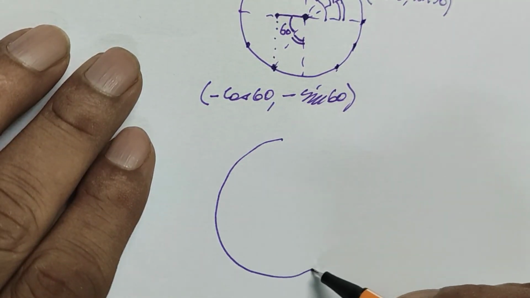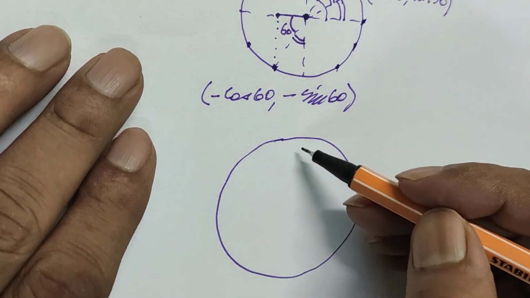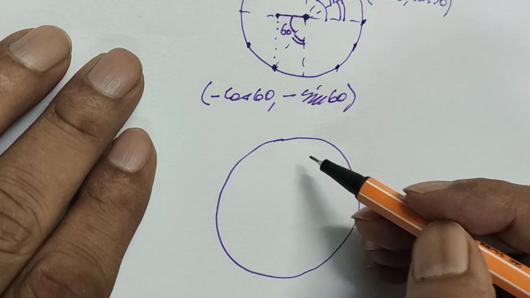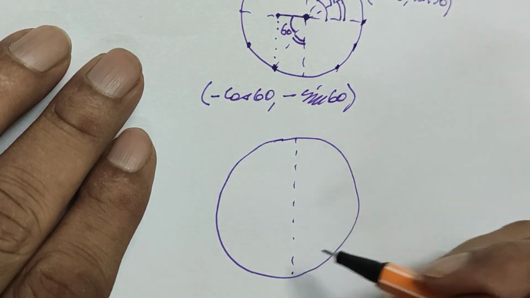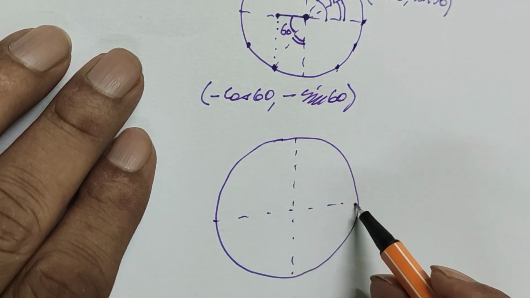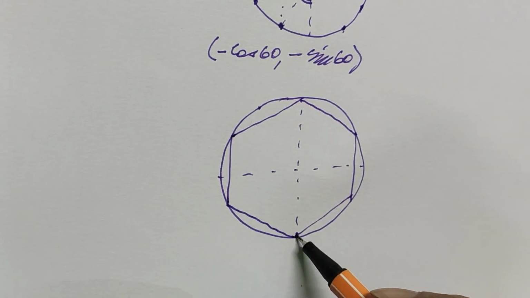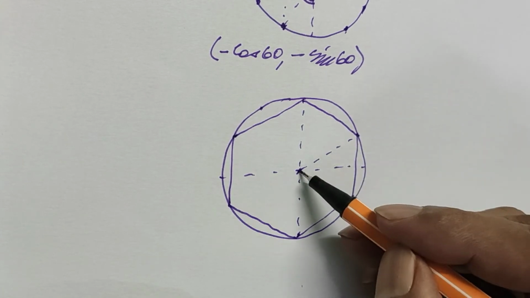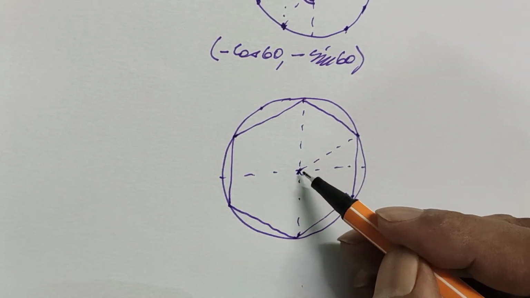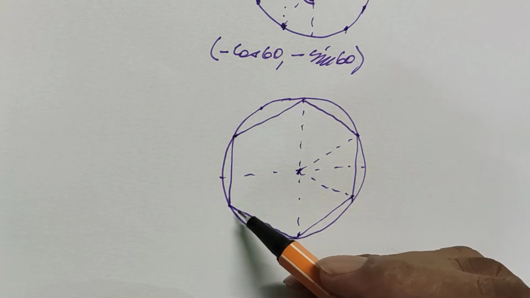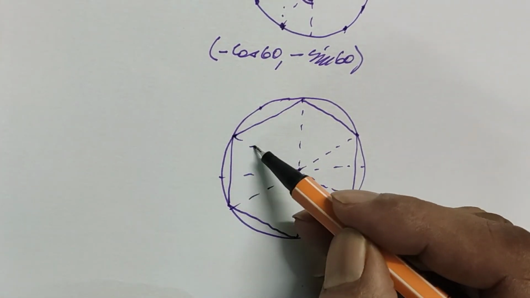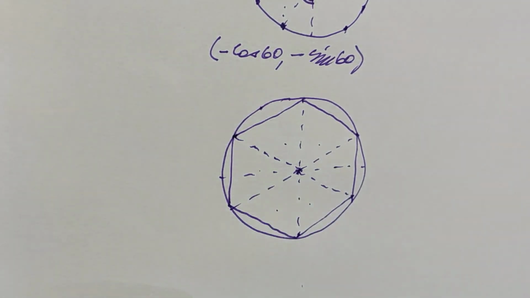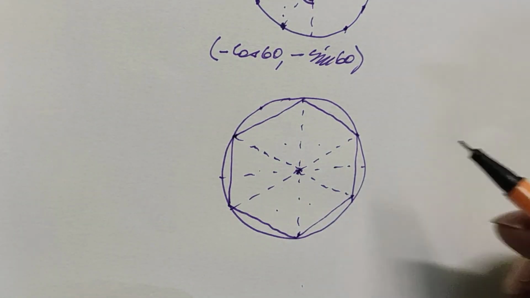Let's extend this a little bit more. We have a circle, and let's try and draw a hexagon. We know from our theory that these angles are 60. So we have so many equilateral triangles here: 1, 2, 3, 4, 5, 6 equilateral triangles.